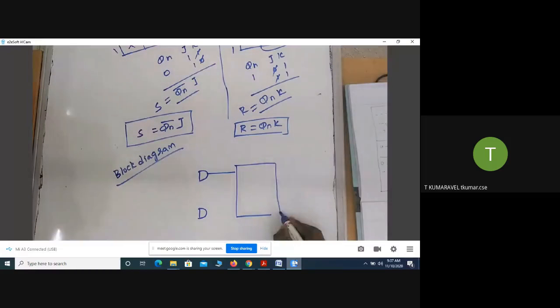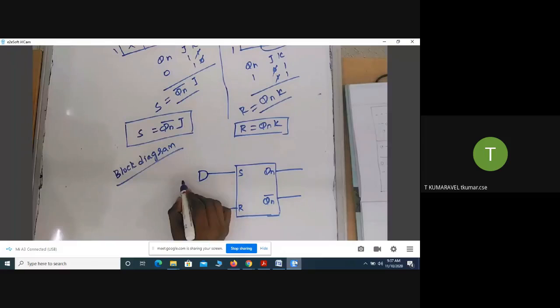This is the S and this is the R. This is Qn, this is Qn bar. One of the inputs is J, another input is K.